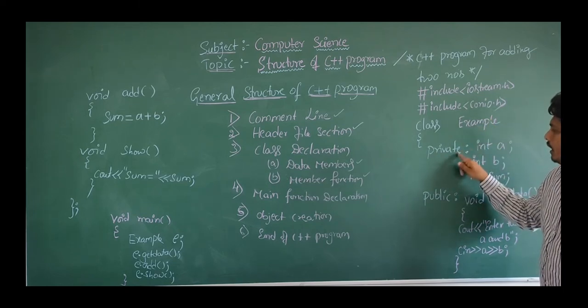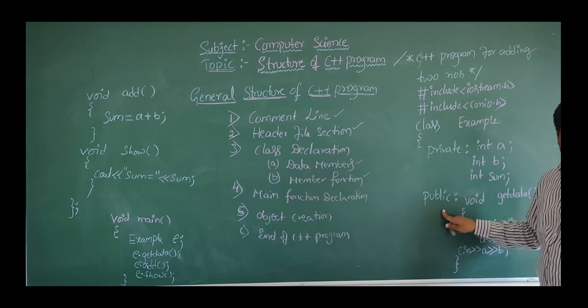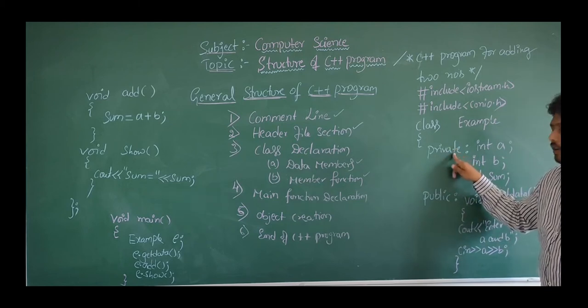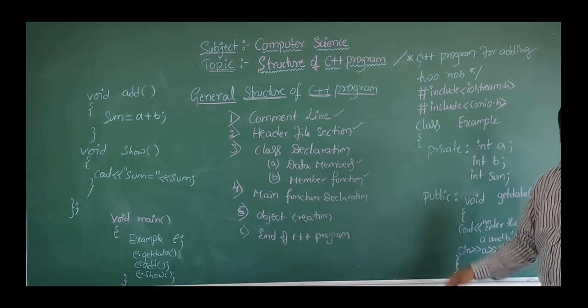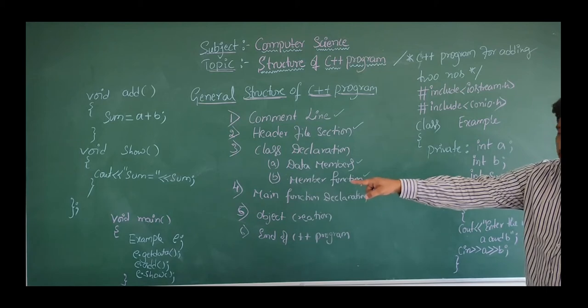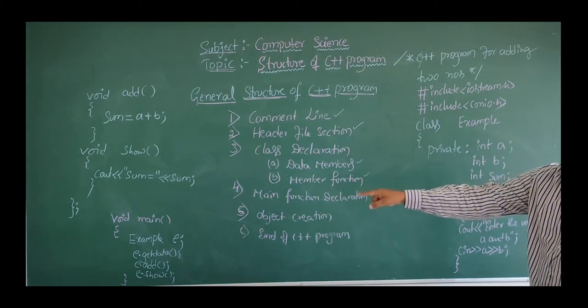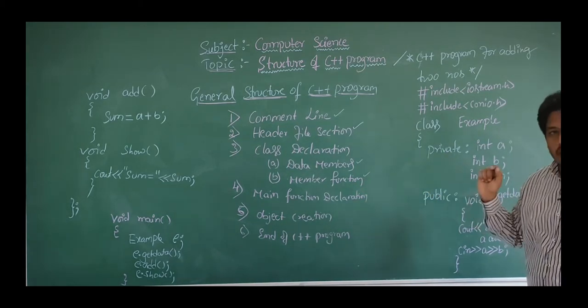Okay. So within this, I have written access specifiers. You have written private as an access specifier. It means you cannot access this member outside the class, that is, after completion of the class.